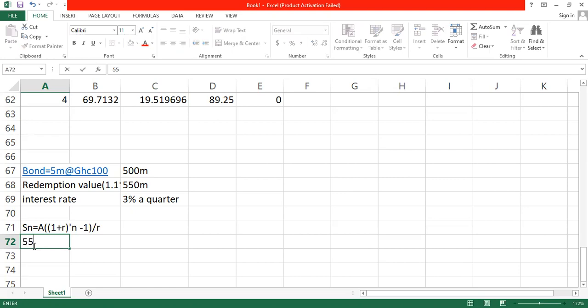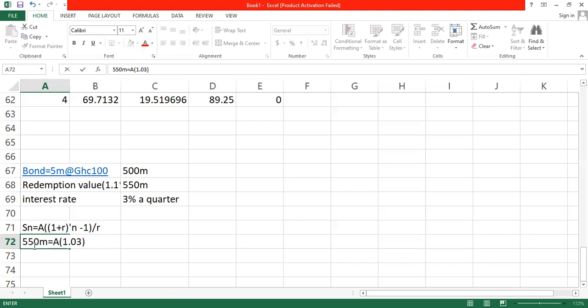So our future value is 550 million, isn't it? Is equal to, do we know A? No. We don't know A. So it is A into brackets. Now we have 1.03.